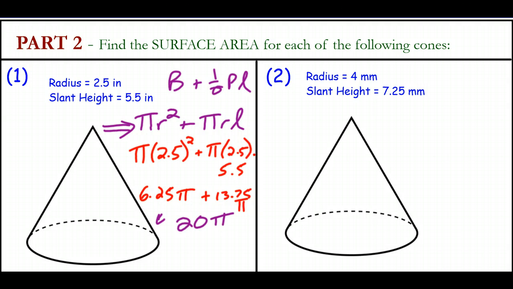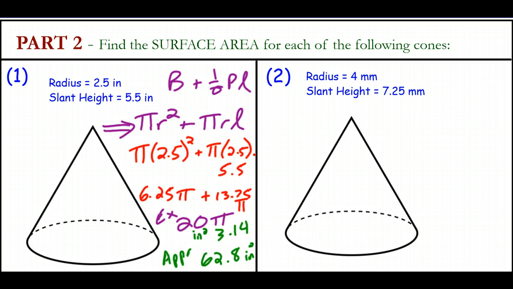Now this is the exact surface area. And if we multiply 20 times 3.14, using the 3.14 approximate value for pi, we end up with an approximate surface area of 62.8 square inches. So that's for the first cone.